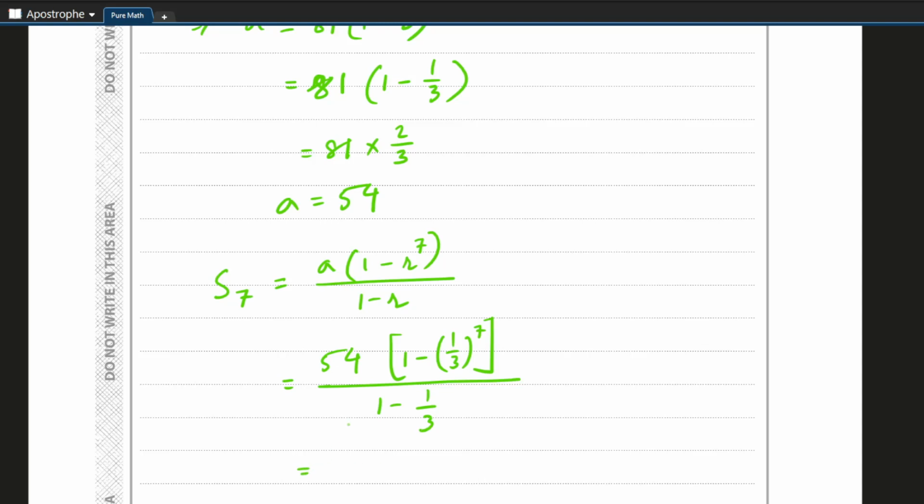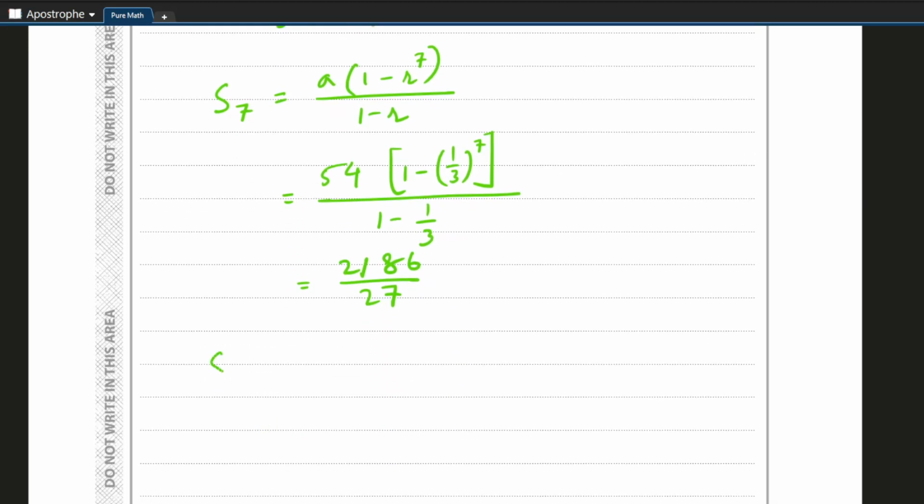Let me put the whole term into the calculator. 1 minus 1 over 3 whole to the power 7 divided by 1 minus 1 over 3. If I haven't made a calculation mistake, then it should be 2186 over 27.